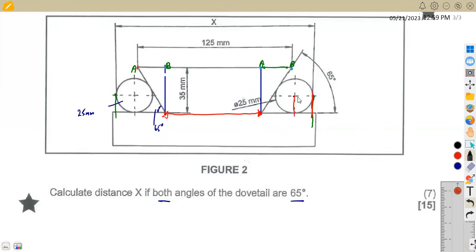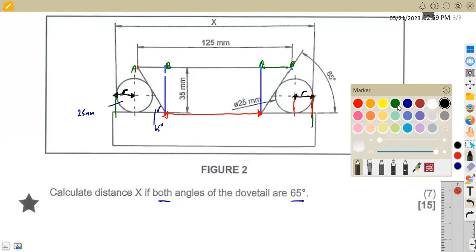From this point up to this point is a radius, which is the same as from this point up to this point, a radius. Again, from this point up to this point, we've got a radius. With this information, we included the radius, and we are left with this distance.